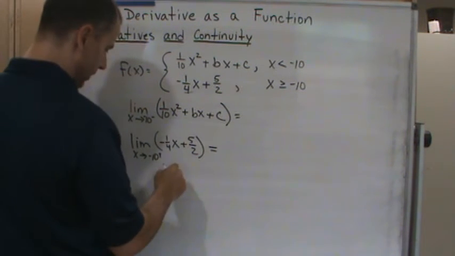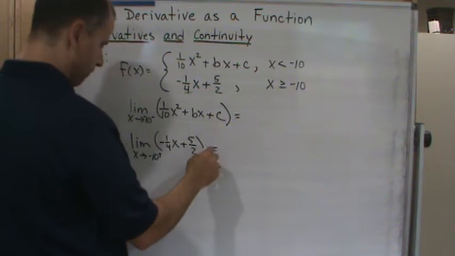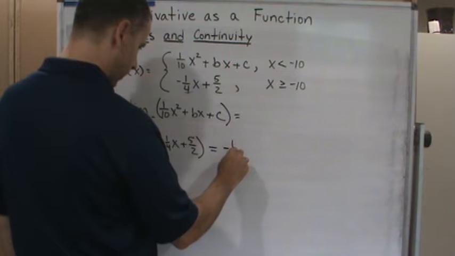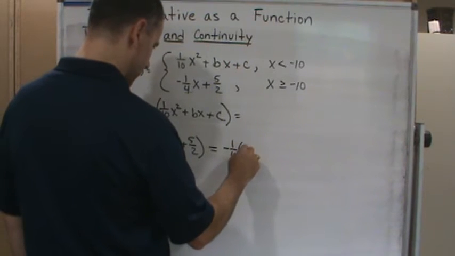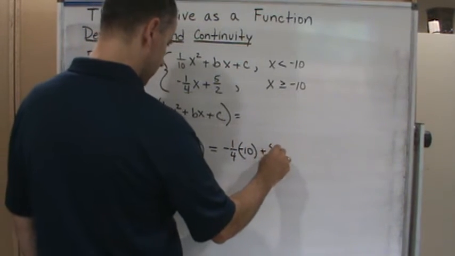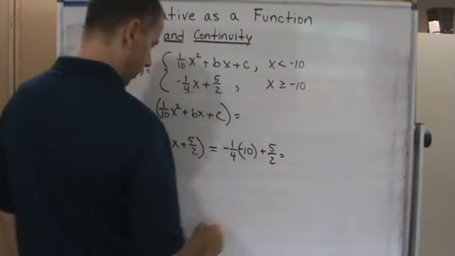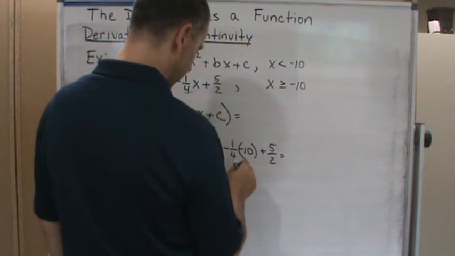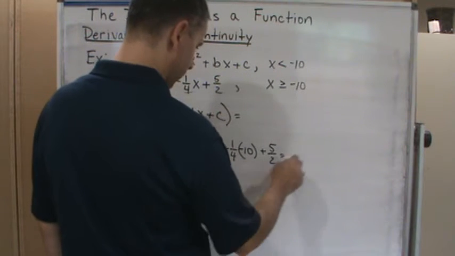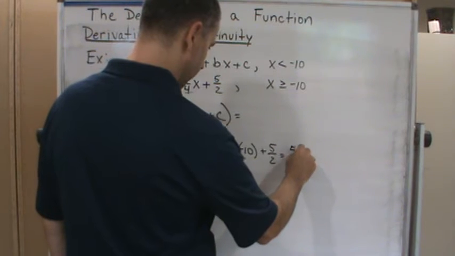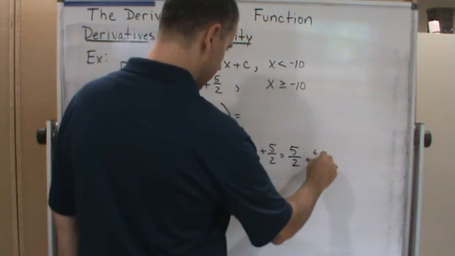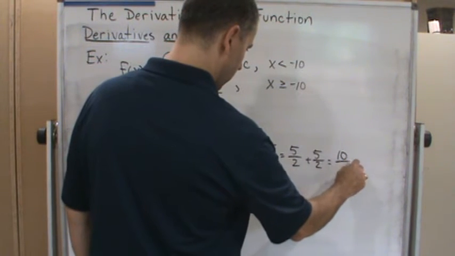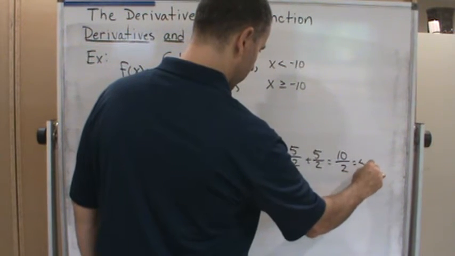The limit as x goes to -10 is going to be -1/4 times -10 plus 5/2, which equals 5/2 plus 5/2, which equals 10/2, which equals 5.